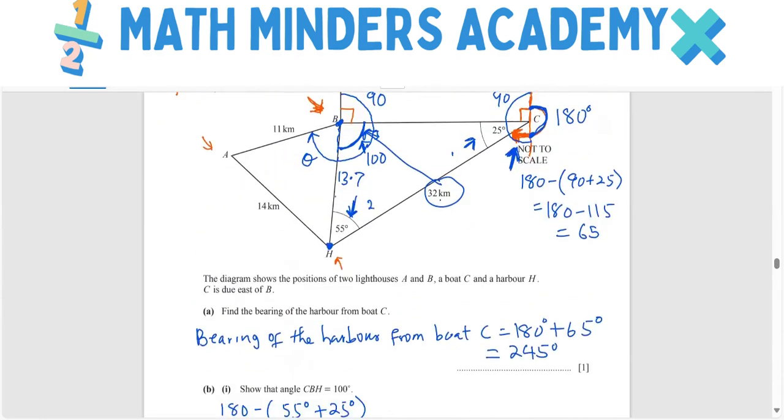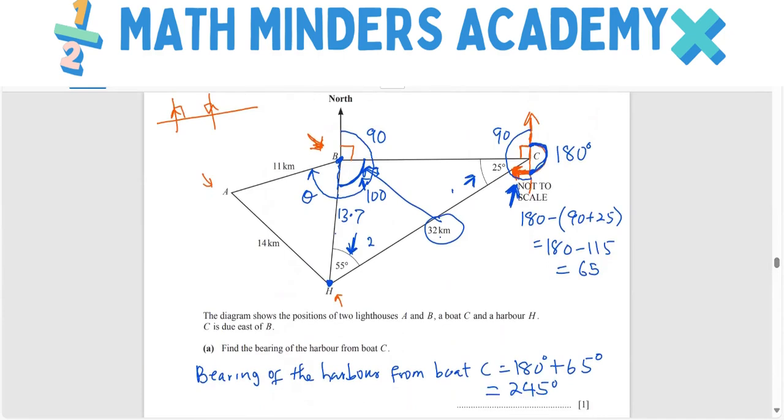If boat C is at the shortest distance, let's clean up some things.